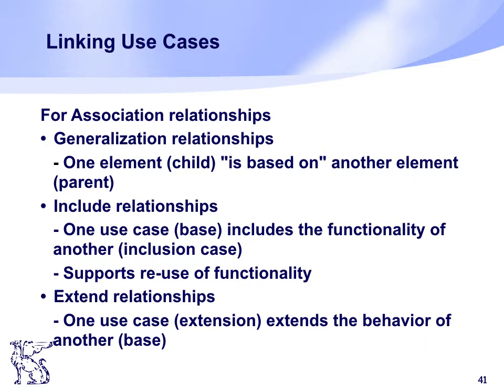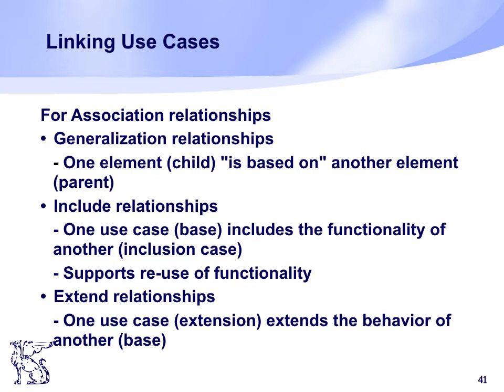So generalization, we already know it's a kind of inheritance, right? One element is based on another element. So it's a parent-child relationship, an inheritance relationship. It's generalization. And include relationship, it's where one use case includes the functionality of another use case.